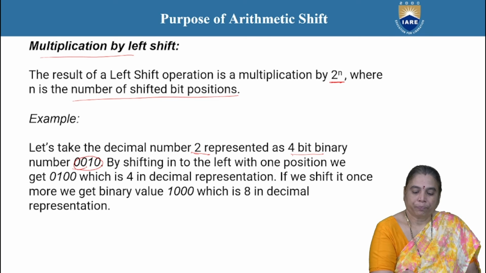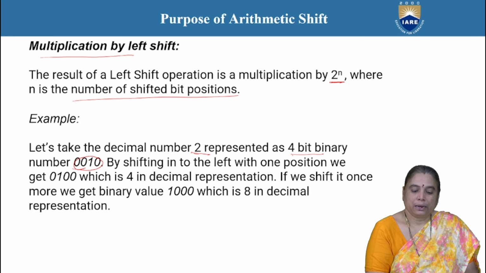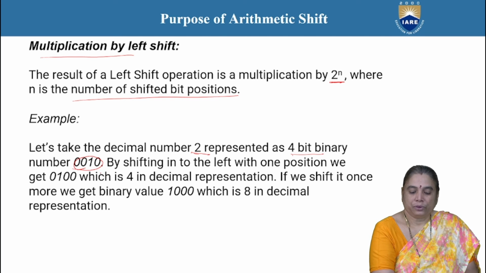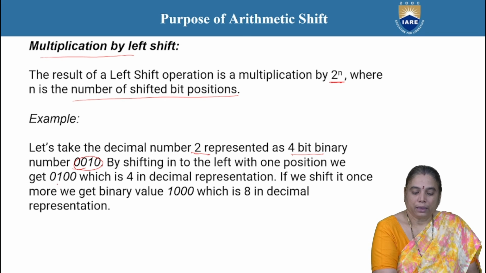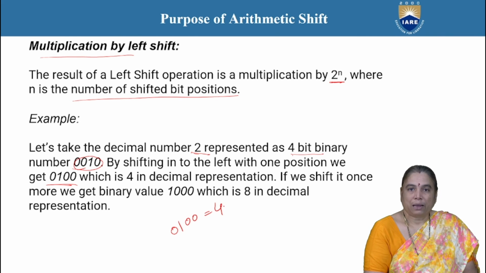The decimal 2 can be represented with the 4-bit binary 0010. After applying the left shift operation on this 0010, we get the value 0100, which is equivalent to the decimal value 4.